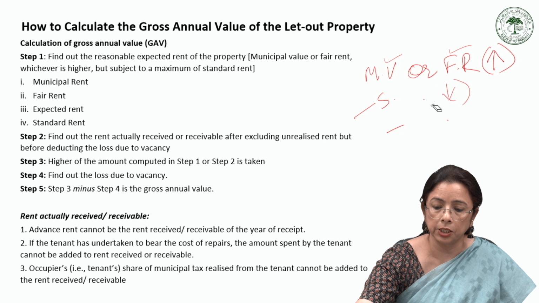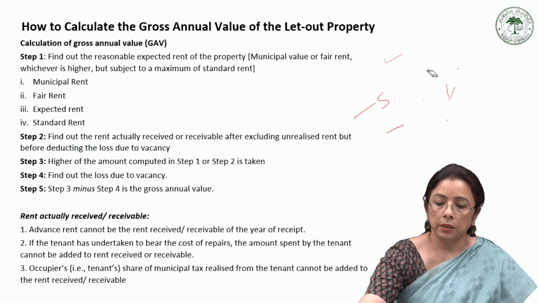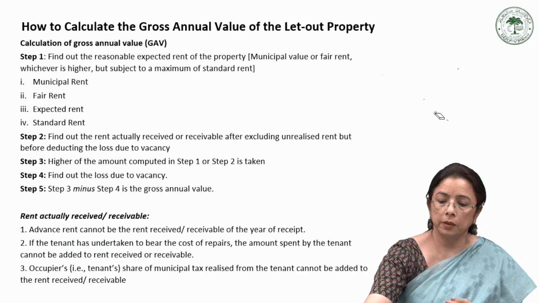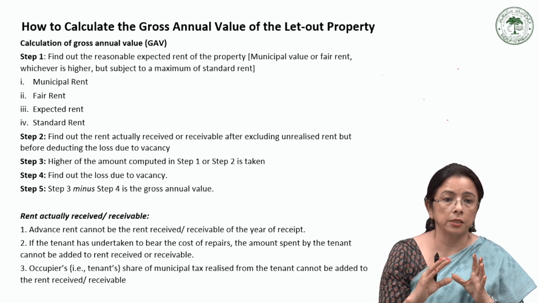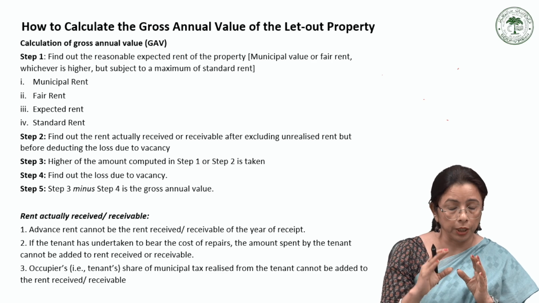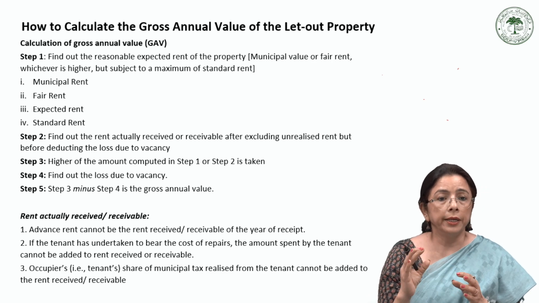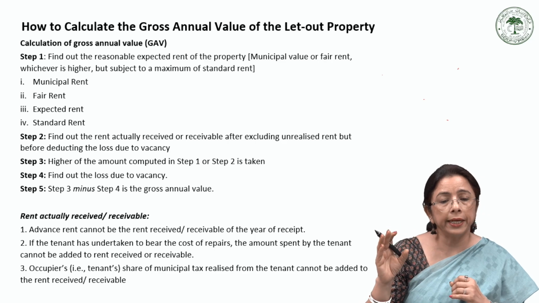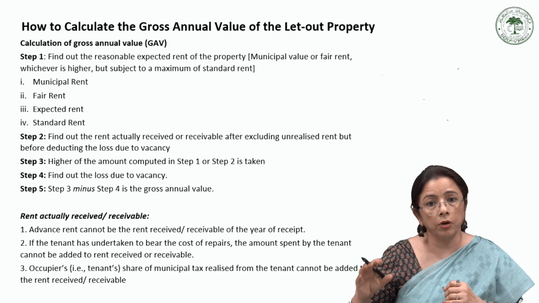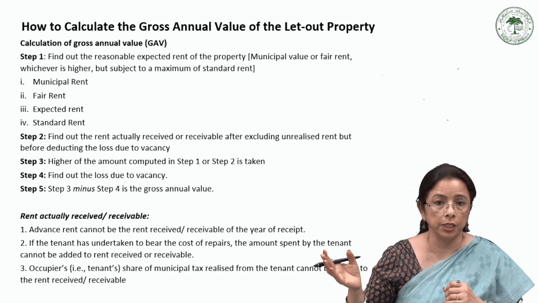Let us just check out the rent actually received or receivable. We have to keep some important points in mind regarding the rent actually received or receivable. Actual advance rent cannot be rent received or receivable of the year of receipt.